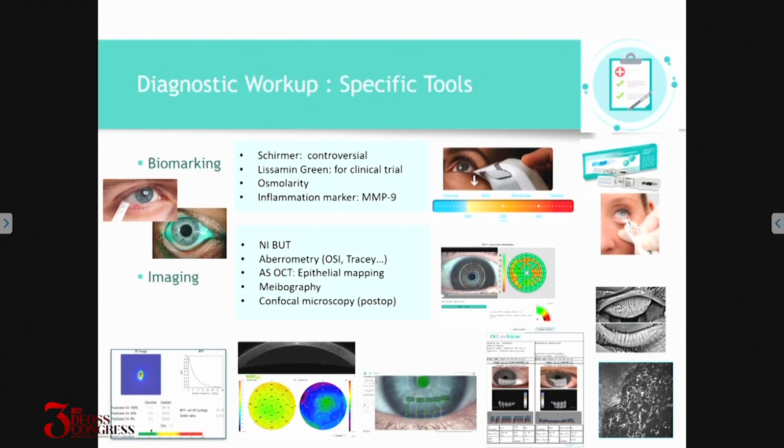Looking at the epithelial map is certainly one of the key factors. The stability of the aberrometry, and you know the OSI, which reflects, if the lens is clear and the retina has no issue, the quality of the tear film. The meibography, and of course the confocal microscopy, or maybe the IHD OCT that we saw yesterday if the confocal disappears.